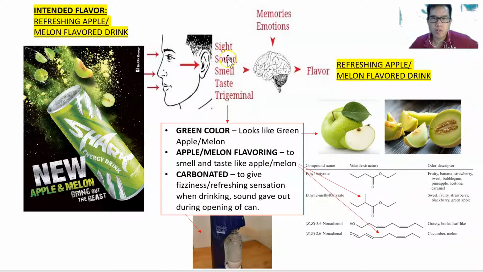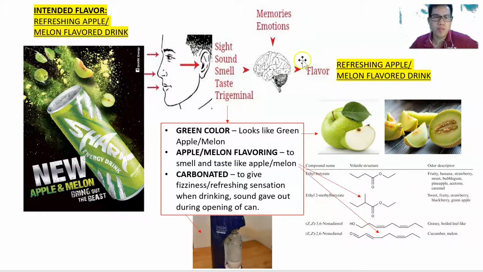And when the person consumes this product, they will have the signals coming from these components into your brain and give you the perceived flavor, which is basically the refreshing apple melon flavored drink. So this is a breakdown of what should be in the product to give you that perceived flavor.